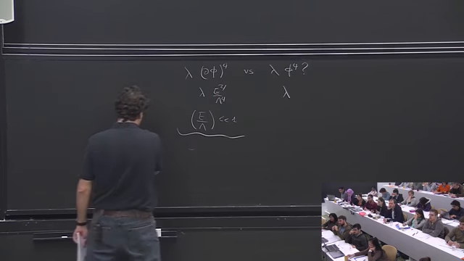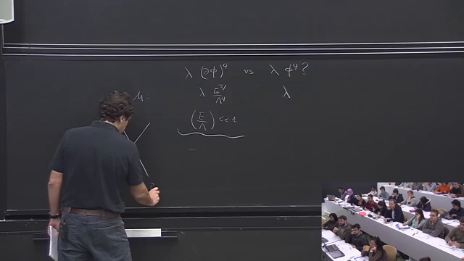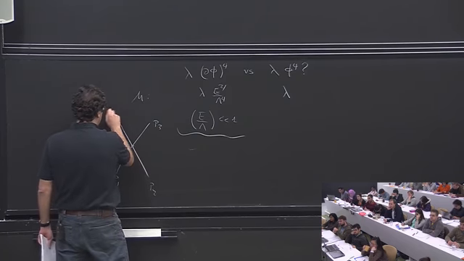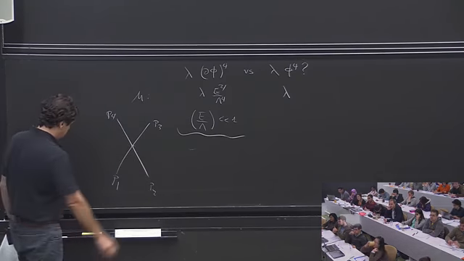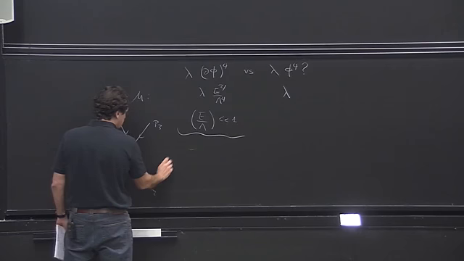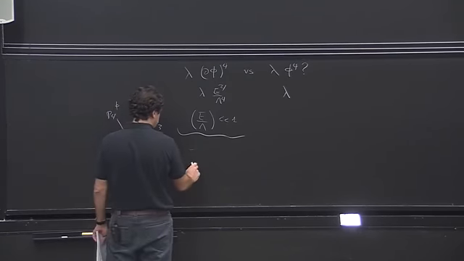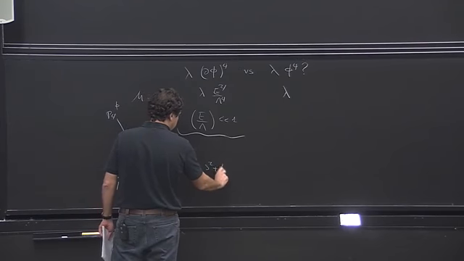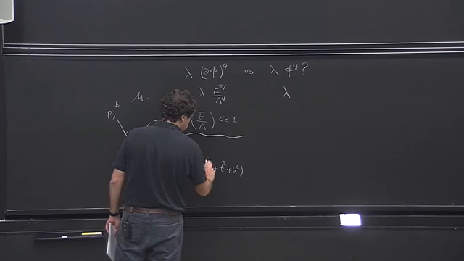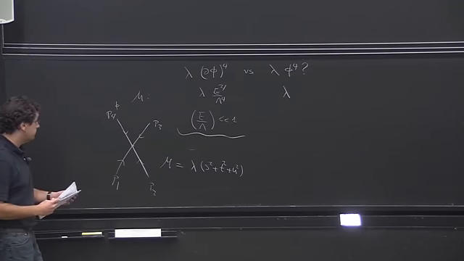But if you do it carefully and compute the scattering of 4 or 5 quanta, the transition amplitude is precisely given by this lambda times s squared plus t squared plus u squared, where s, t and u are the Mandelstam invariants.